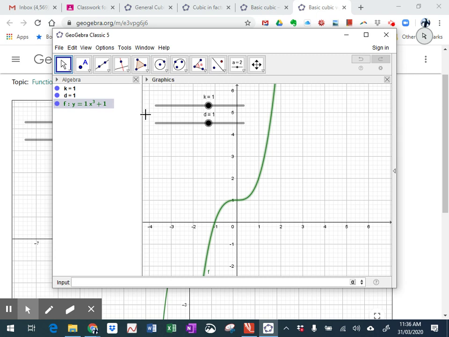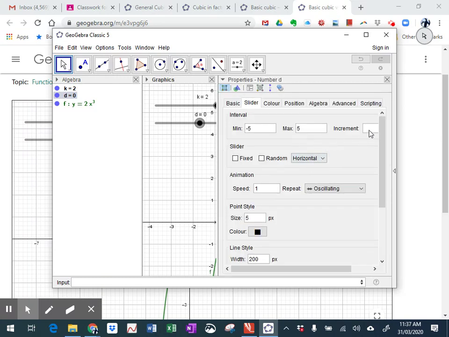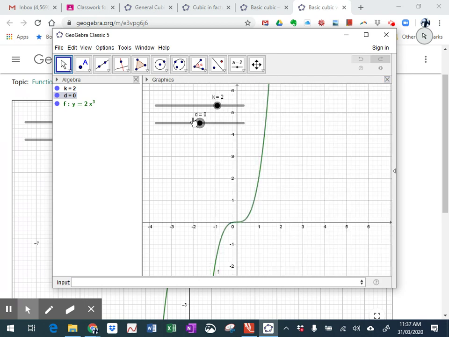Now I'll put k as 2 there, and I'll take d back to 0. I'll also make sure that the increments on this slider are 1 unit. That way it'll be easy to see.